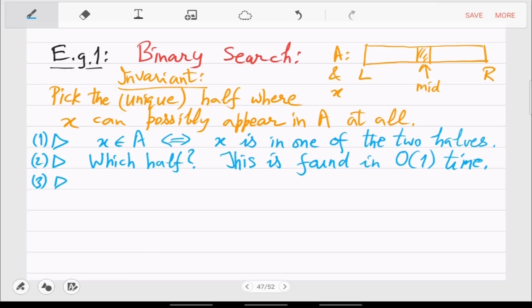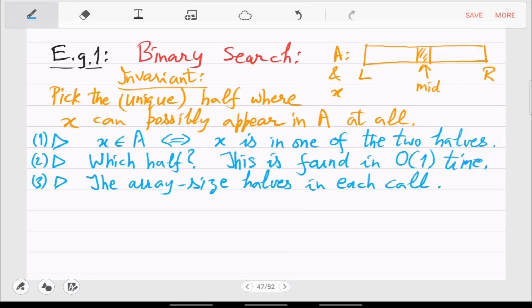And since you are going to a half, the array size halves in each call, which immediately means that there are log n steps. So the number of calls is less than or equal to log n, which gives you the theorem that binary search is in log n time.